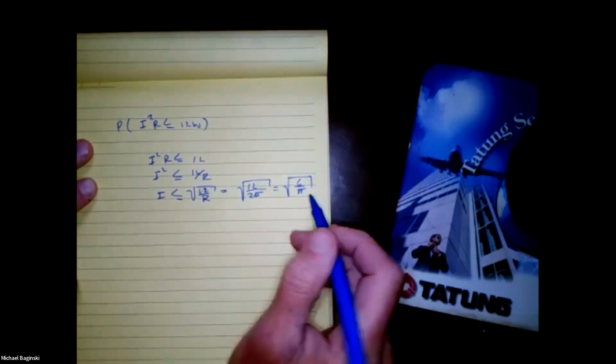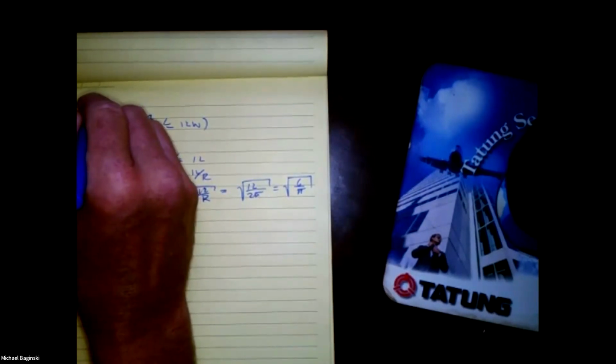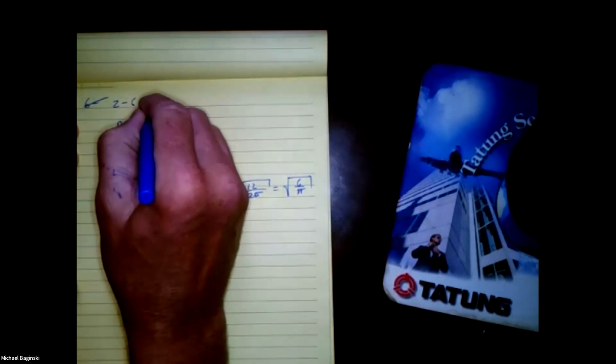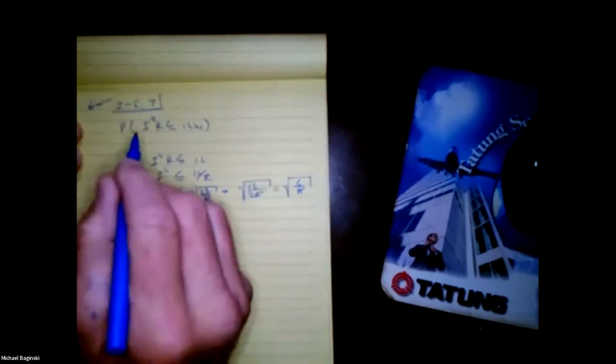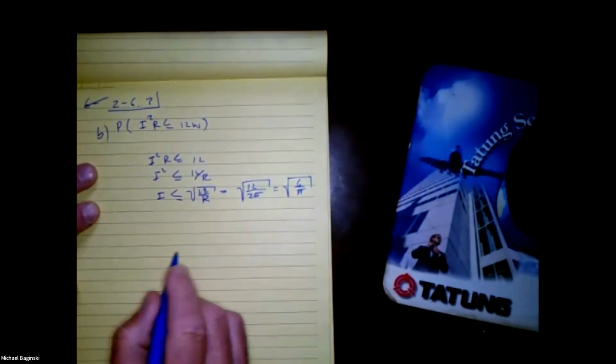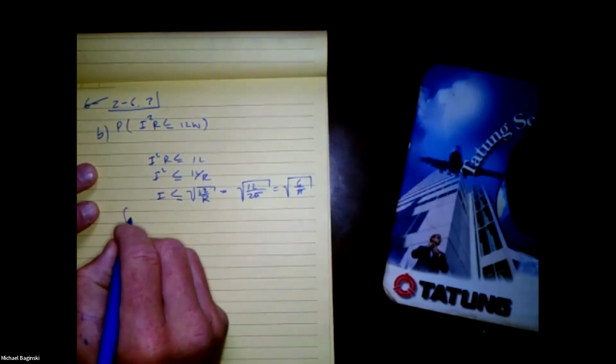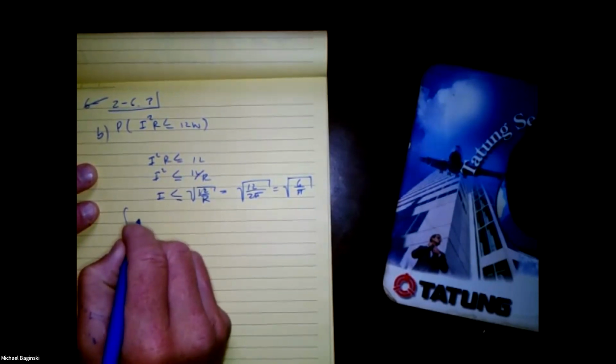So if we want this, and again, this is problem 2-6.3, and this is part B. Since we already did this one, it shouldn't be too bad. It's really the integral of the Rayleigh distribution function.